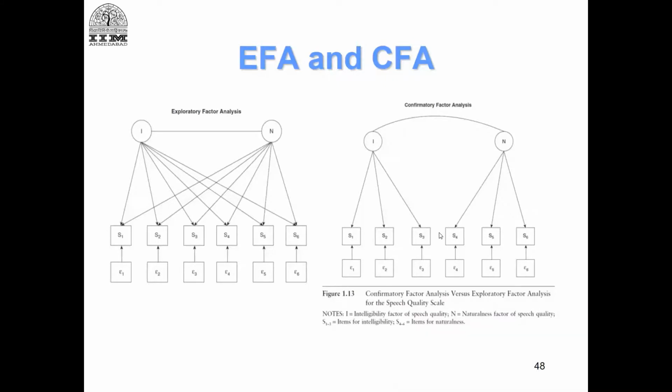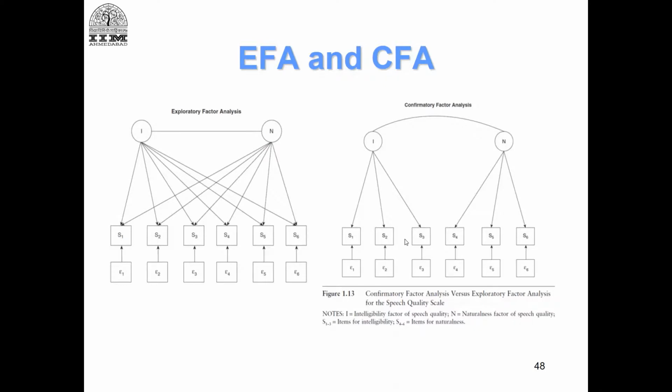Because you are using these 6 items that have been given by that particular author, you have to prove in your sample that this factor structure holds good in your sample as well. So you've got to do a confirmatory analysis.